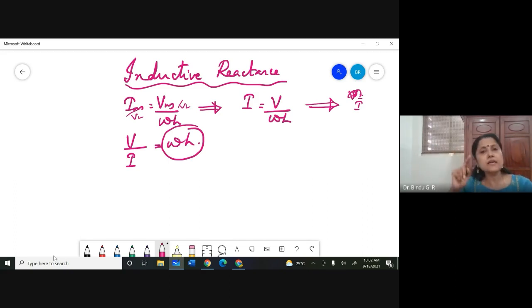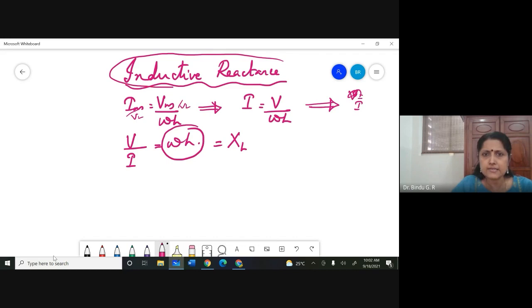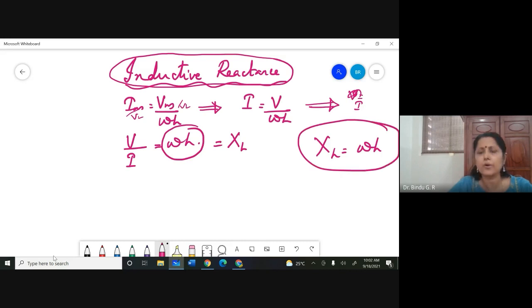R used to be an opposition to the flow of current in a purely resistive circuit. So here also omega L should be an opposition to the flow of current. This omega L we note as XL, the inductive reactance: XL is equal to omega L, where omega is again 2 pi f.